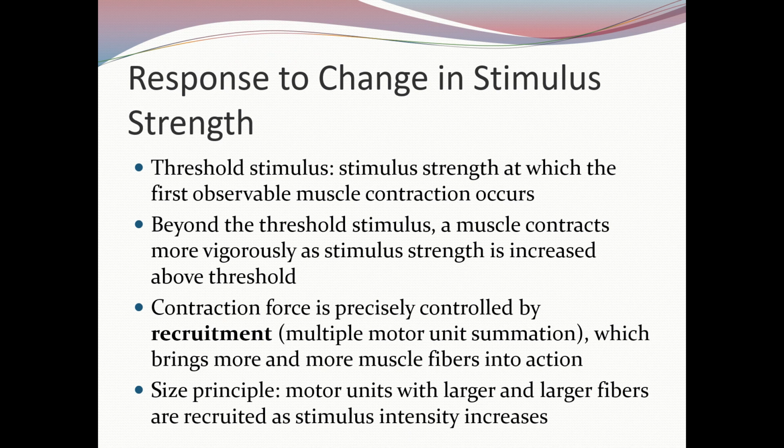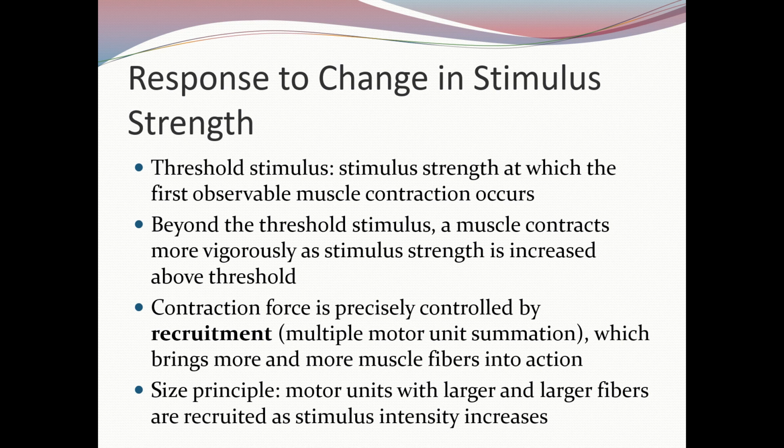The muscle is going to produce more force based on the tension placed on it. And so let's talk about the response to the change in the stimulus strength. The threshold stimulus is the stimulus strength at which the first observable muscle contraction will occur. So that's where you're going to reach that negative 55 millivolts at the end plate potential and stimulate the action potential.